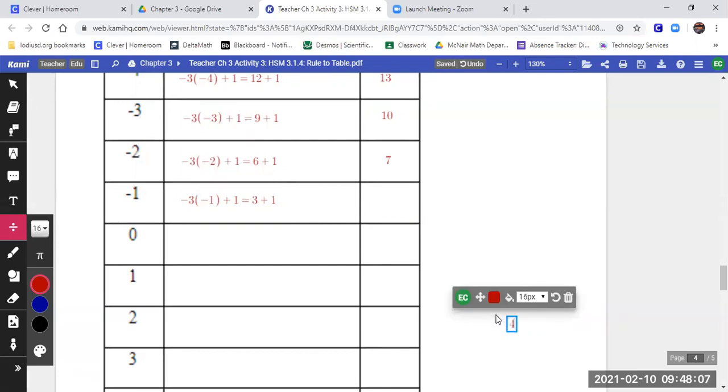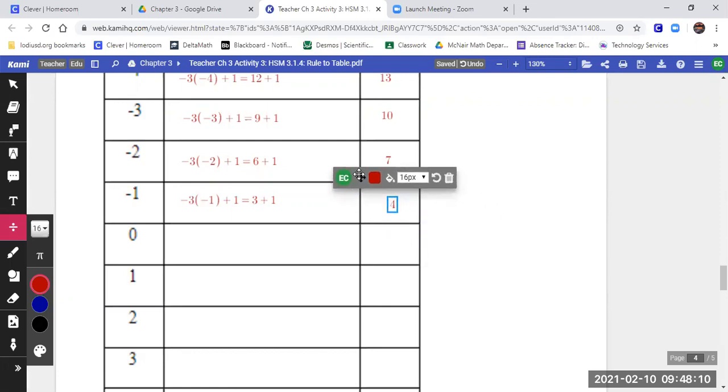Okay. Someone tell me what I'm going to write on the next row.